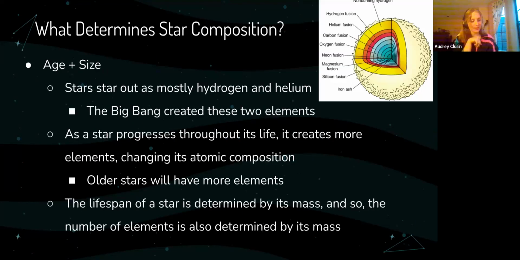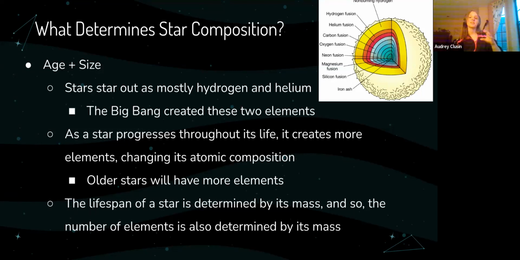So, oh no, I don't have a lot of time. Okay, I'm gonna try and get through this. The age and size of a star determines its composition. The older a star is, the longer it's had to do nuclear fusion. So this means that it has more diverse and heavier elements inside of its core.